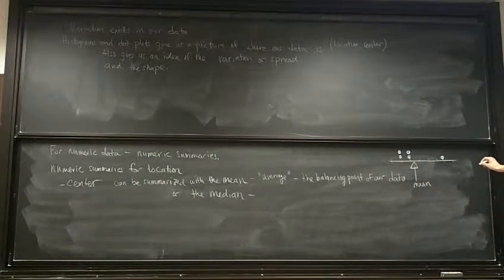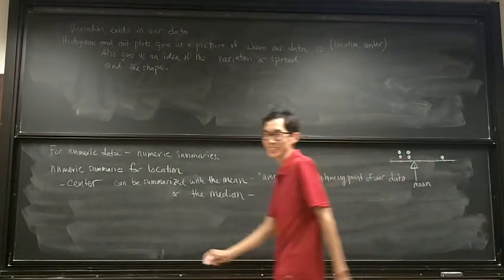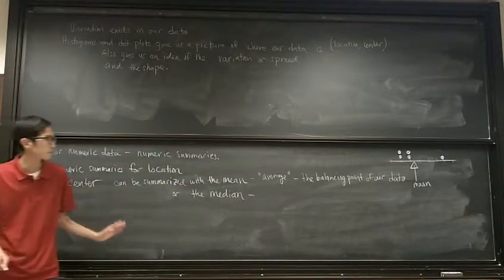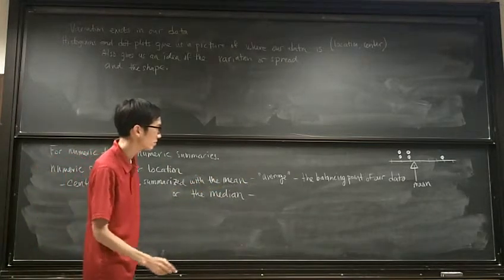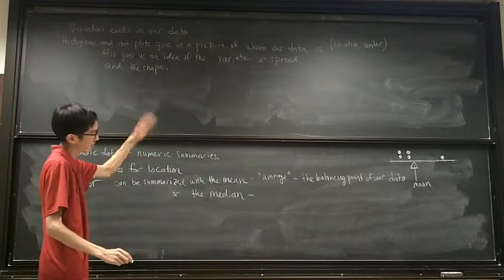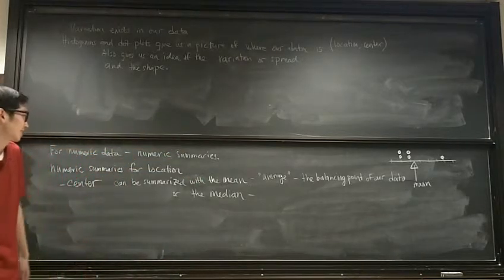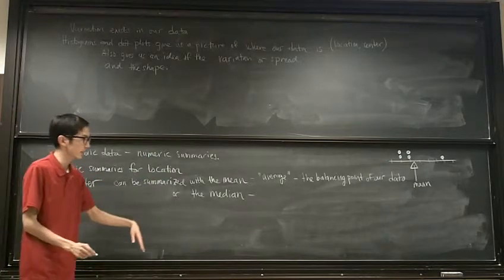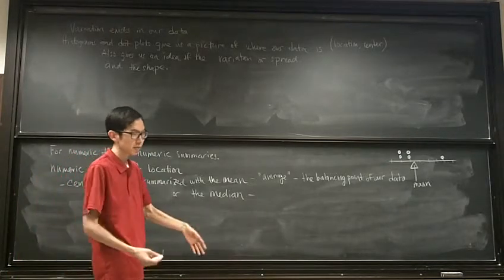The location of this thing is the mean. I don't know, would that be balanced there? Ish. Wherever it would be balanced, that is the mean. Maybe it would tip this way, but wherever it's balanced, that's the mean. The median, on the other hand, is the middle point.